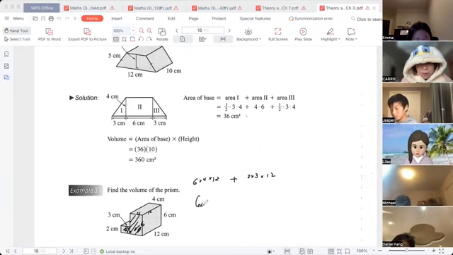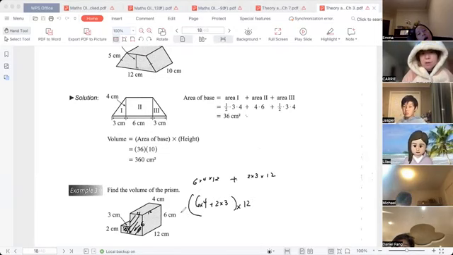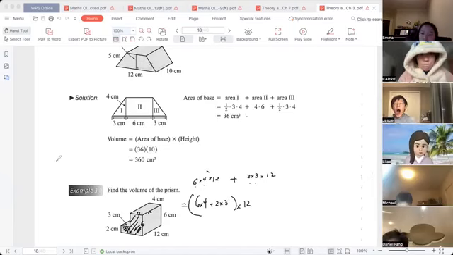So this one is 6 times 4 plus 2 times 3. Correct? So with this base area, you times 12, you get the answer. If you take a look at this, actually, they're the same, because it's 6 times 4 times 12 and 2 times 3 times 12. So that's why it's 6 times 4 plus 2 times 3, times 12. Get it?